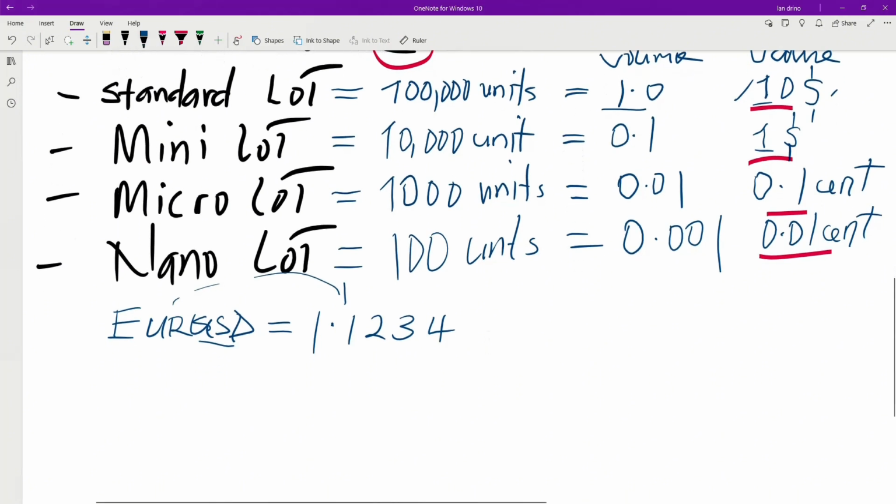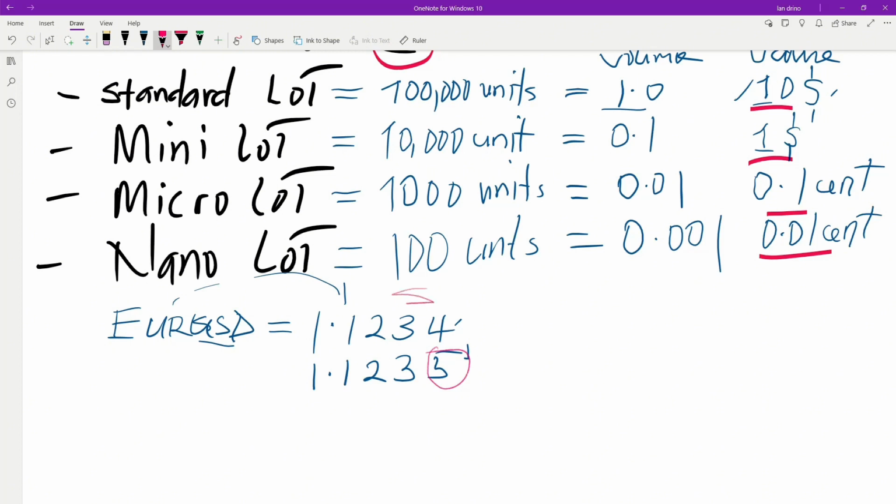Now, let us assume that after some time, Euro USD increases by 1 pip, okay? Which means we are going to have a value of 1.1235. So Euro USD increased from 4 to 5, 1 pip. So there is an increase in pip by 1. Now, what is this 1 pip worth? This is what we are going to look at.